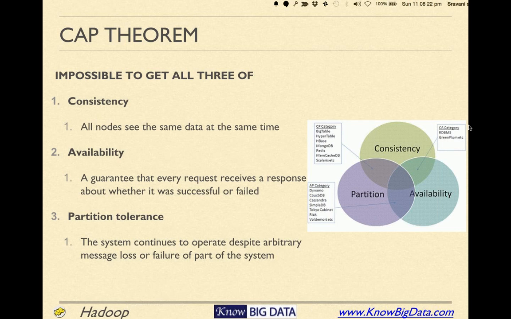So the CAP theorem says that out of C, A and P you can only get at most two. C is for consistency. When you are accessing a database, if all the nodes see the same data at the same point of time, that means the database is consistent.